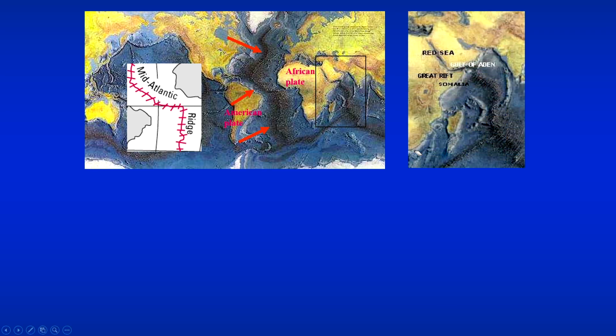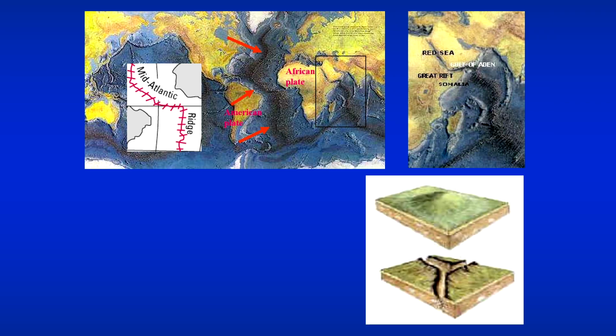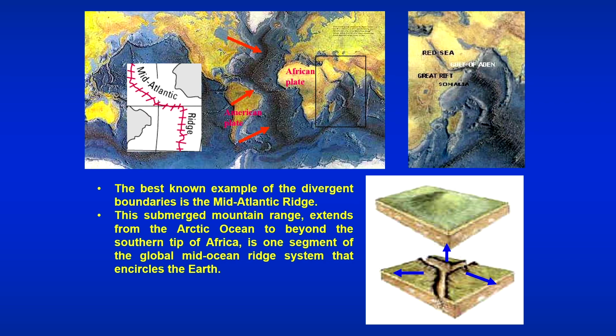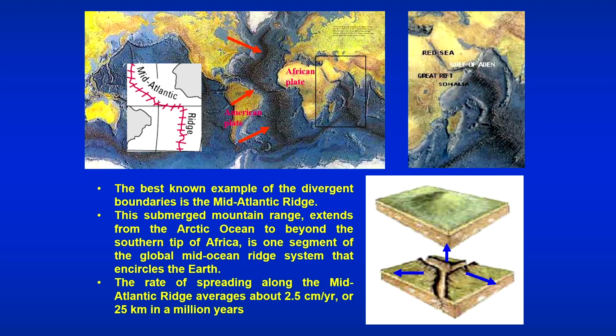Now, coming to this part here, what we see is that there are three plates moving in different directions, and that is what we call a triple junction. So you have the mid Atlantic ridge and the spreading center, or you can say even this area is a triple junction, which is between the Arabian plate, African plate and the Indian plate.